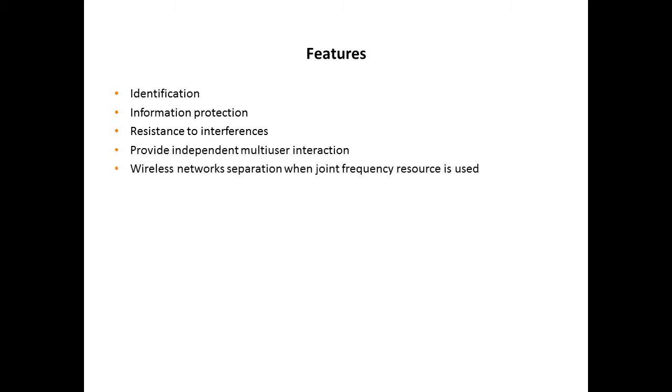Third, the ability to provide resistance to interference due to its spread spectrum nature. And as a consequence, it can provide independent multi-user interaction or wireless network separation when a joint frequency resource is used in the same area. All these features are provided by the technologies of MMBOK encoding and asynchronous DSSS CDMA data transmission that help to achieve the highest efficiency and belong to the company.